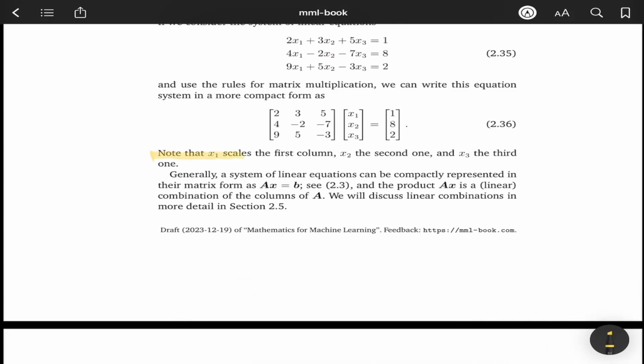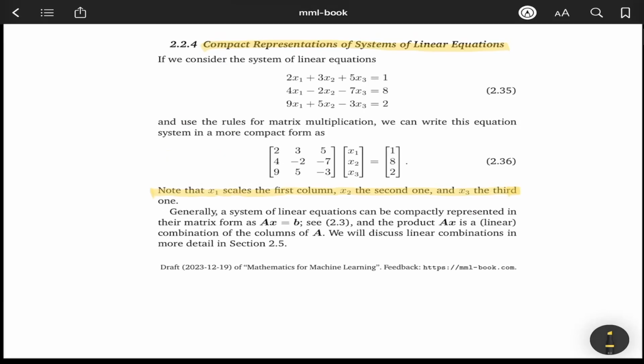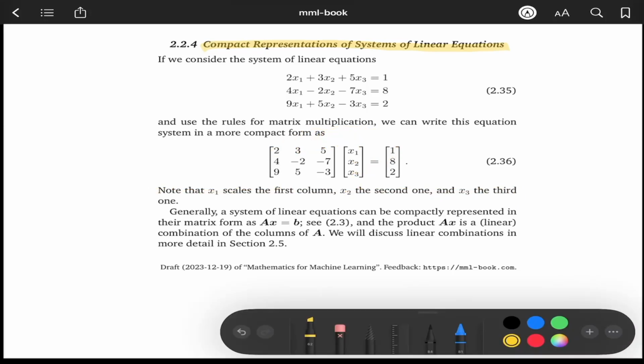Note that x1 scales the first column, x2 the second one, x3 the third one. They scale because you do x1 times 2, x2 times 3, x3 times 5. So that's why they say they scale.